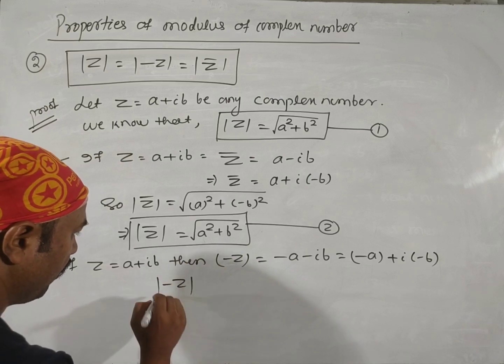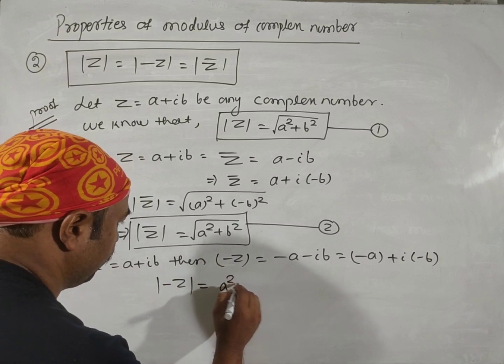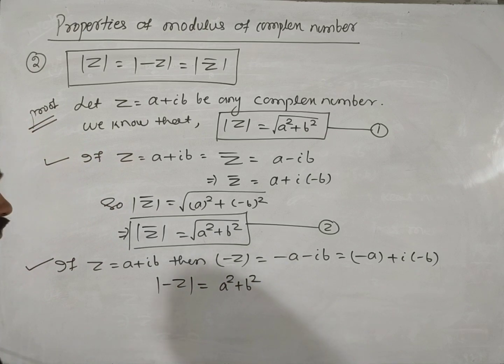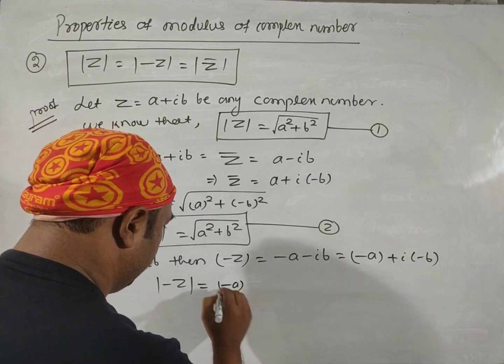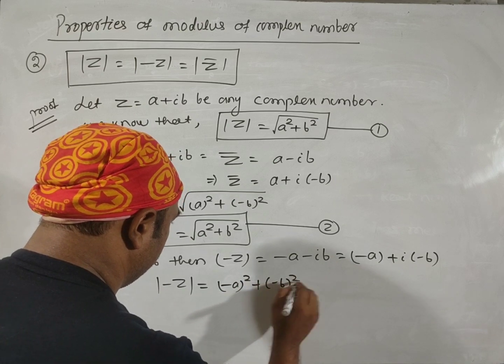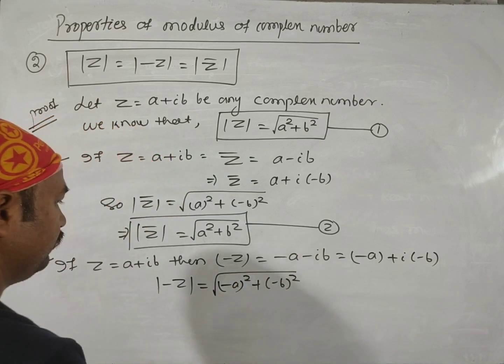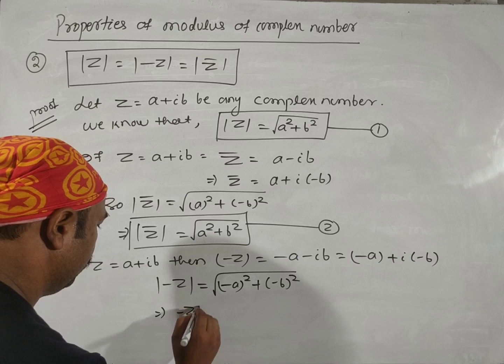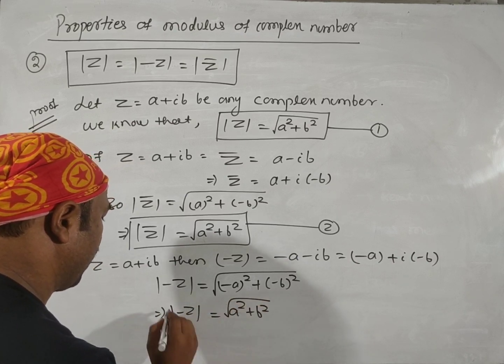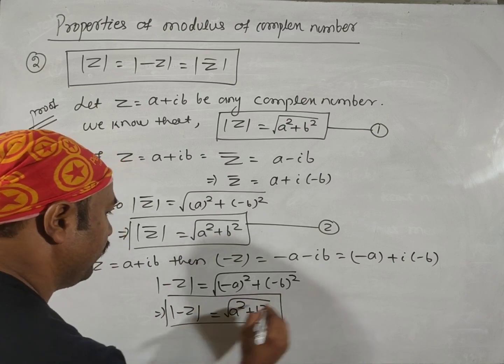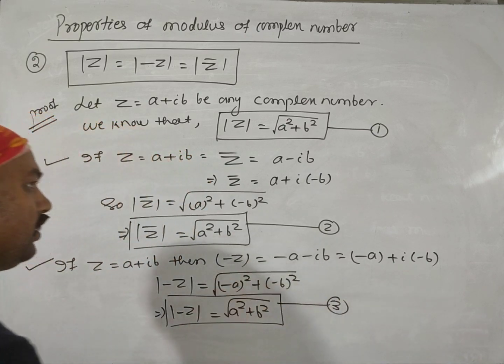So modulus of minus Z, it is again square root of a square plus b square, and consider this as equation number 3.